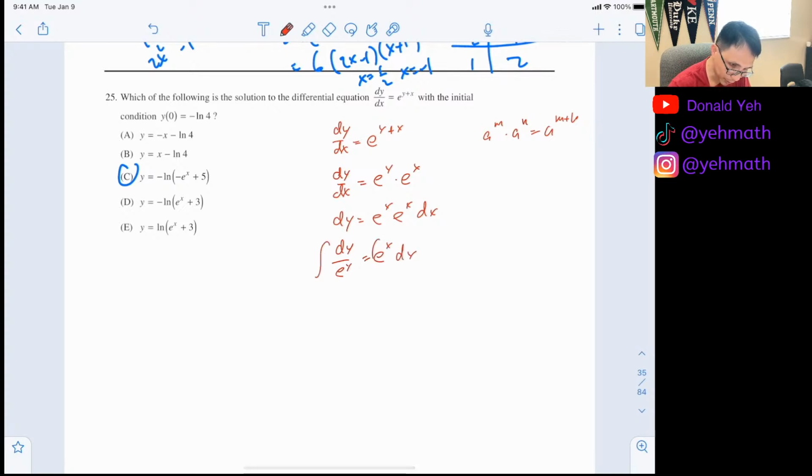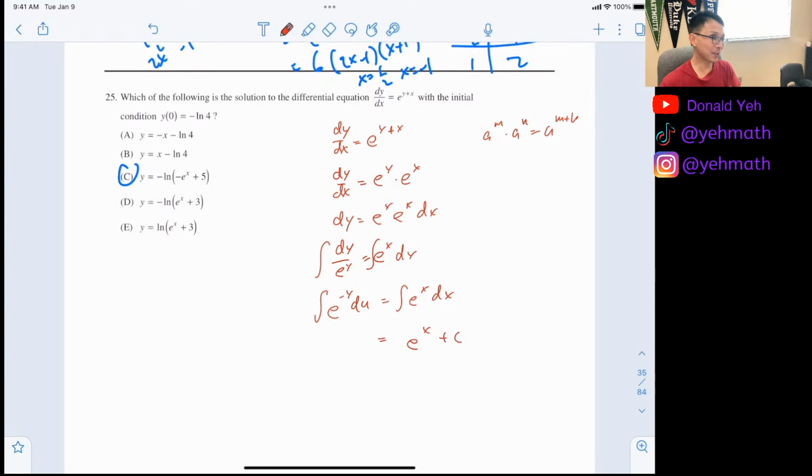And I'm going to integrate this. I love this integral because everybody messes up on the left side. The integral of e to the negative y dy equals the integral of e to the x dx. The right side is super easy. It's e to the x plus c. The left side is what? Negative e to the negative y. Yep.